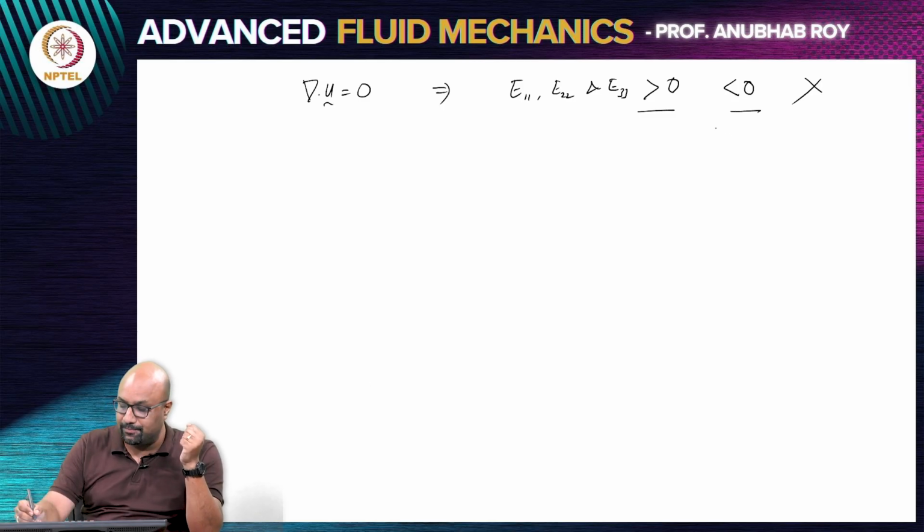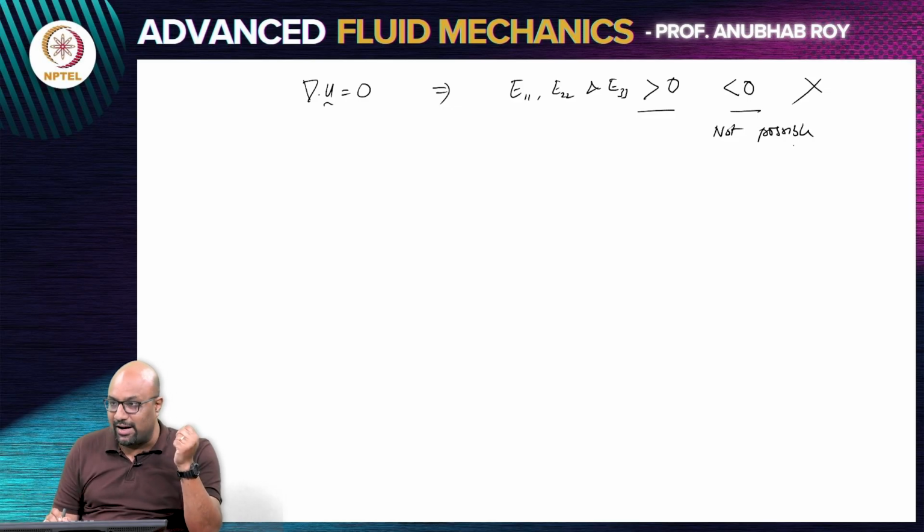This is not possible. Because if all of them were positive or if all of them were negative, then automatically you violate the divergence free condition, or you are violating the fact that the volume is being preserved.